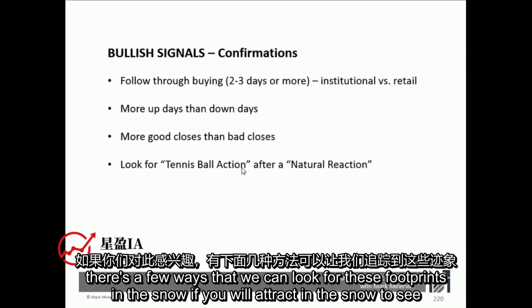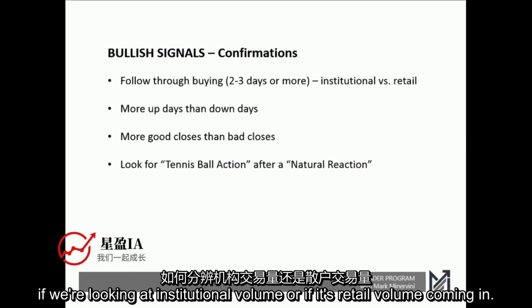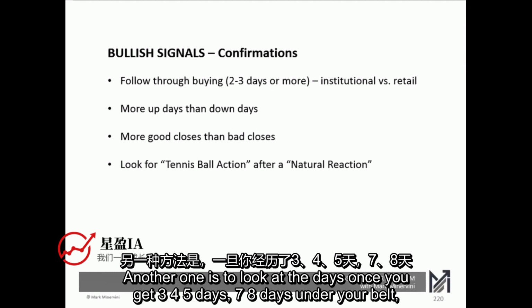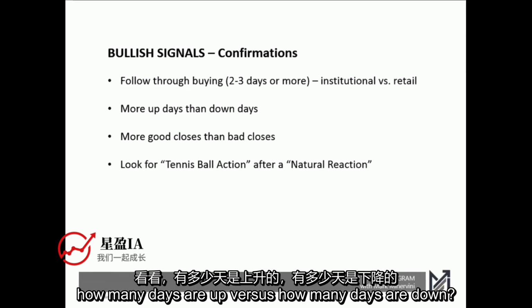Yeah, and there's a few ways that we can look for these footprints in the snow, if you will, or tracks in the snow, to see if we're looking at institutional volume or if it's retail volume coming in. So one is follow through buying, seeing multiple days. Another one is to look at the days. Once you get 3, 4, 5 days, 7, 8 days under your belt, how many days are up versus how many days are down?